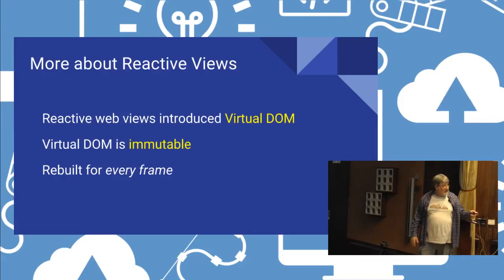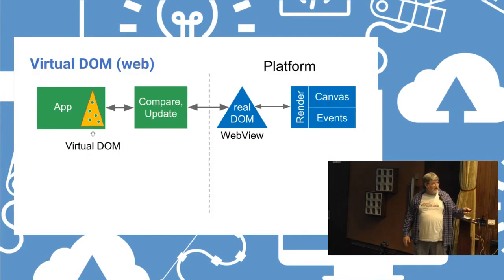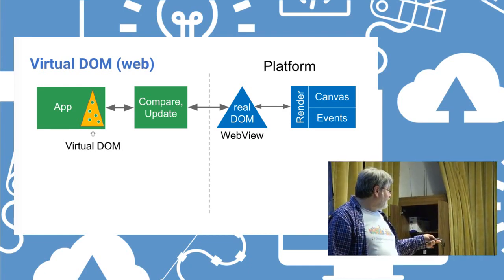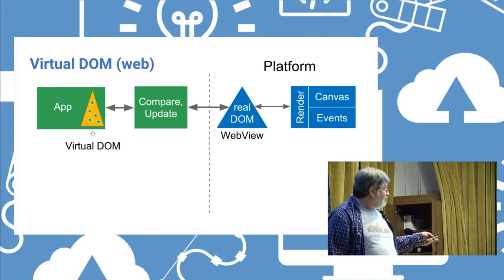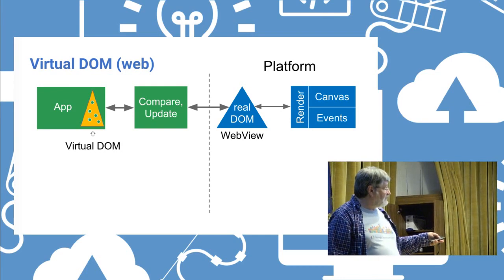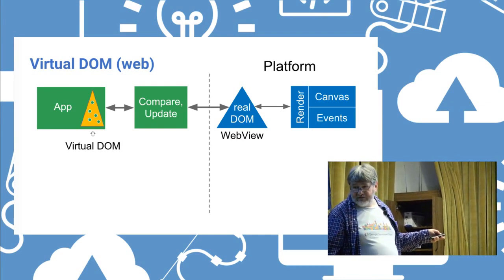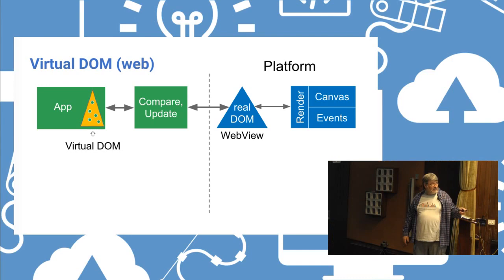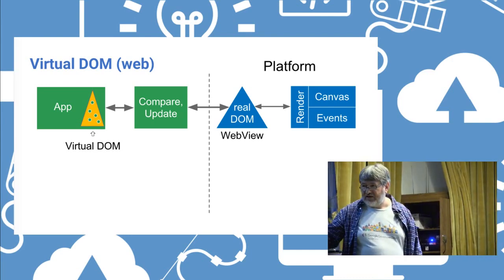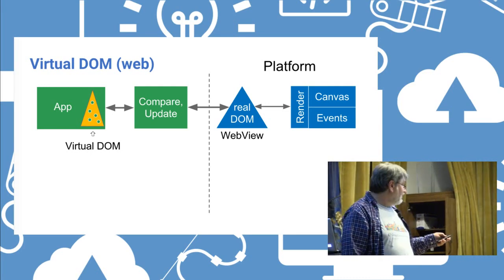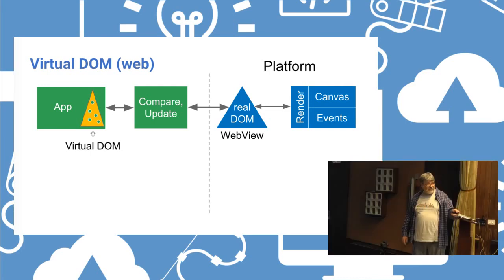Okay, so let's look at how this works. So here's your app over here, and it's going to build a tree of widgets, or in HTML speak, they're elements. And then once you finish building that, you compare it to see how it differs from the real DOM, the one that's being displayed on your screen. And then you create a set of minimal changes. So you only change those things that need changing to get the new view. And those are sent here to the web view.